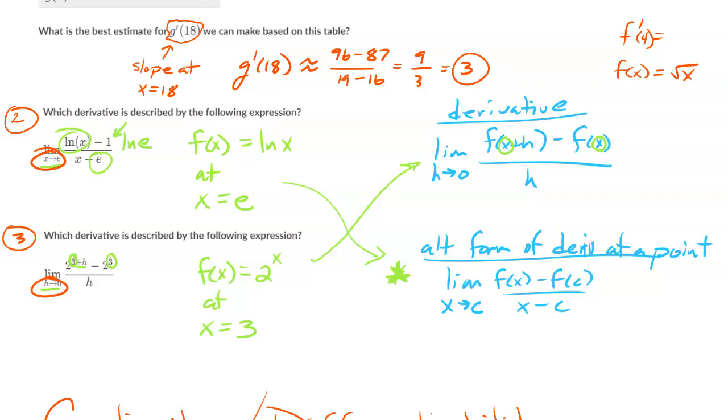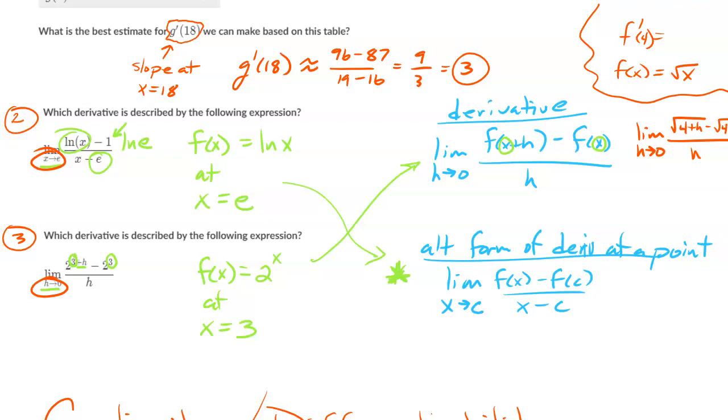No, you can use either one. So if I took this information and filled it out for the top problem, I would say the limit as h approaches 0 of square root of 4 plus h minus square root of 4, over h.